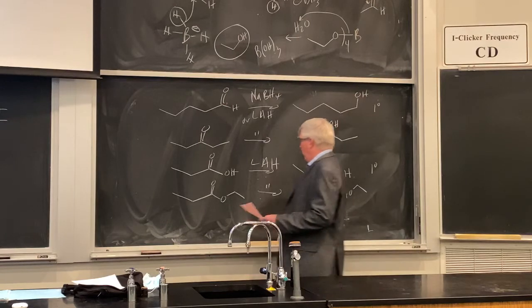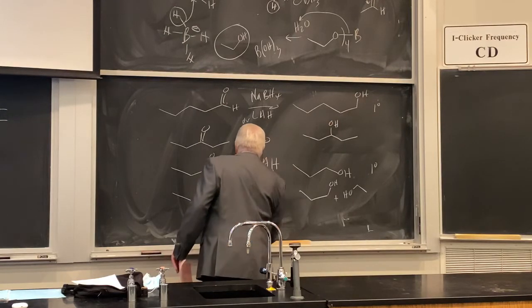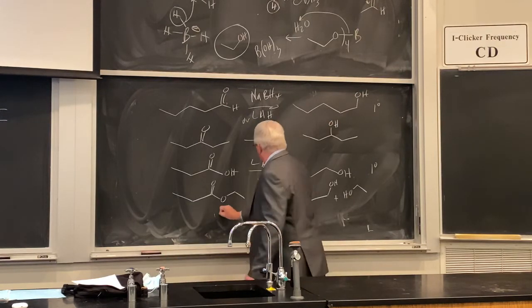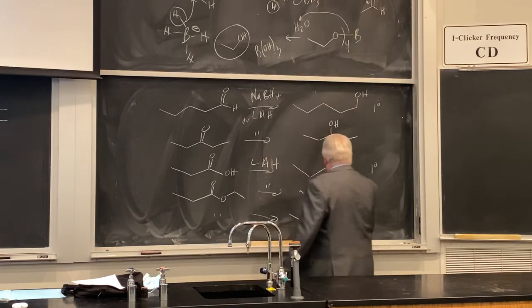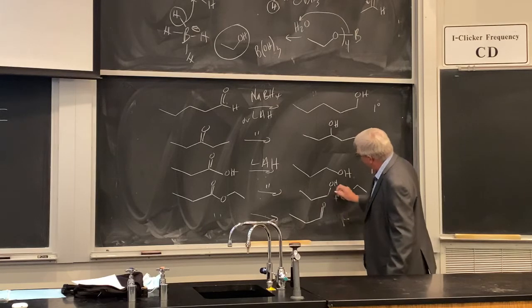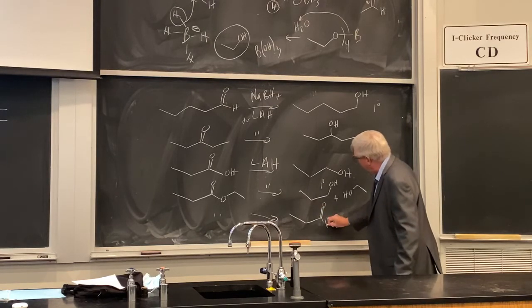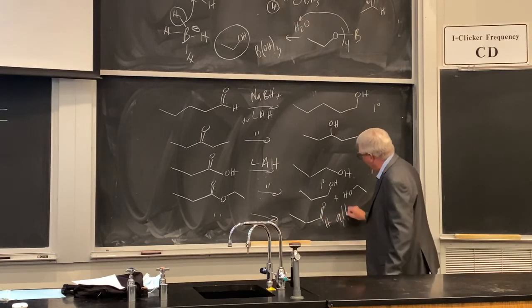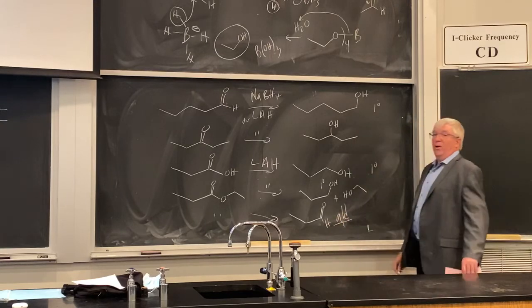okay? Well, what if we want to stop here, take an ester, and instead of going all the way to the primary alcohol, what if we want to stop at the aldehyde? What are we going to do there?